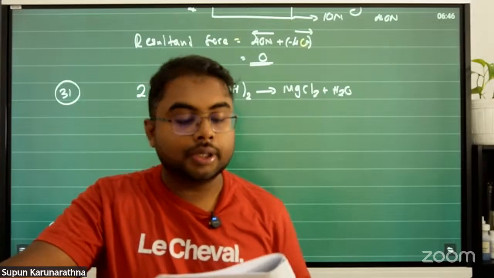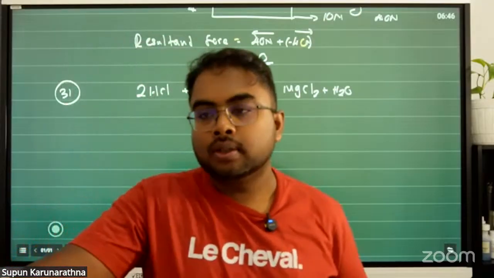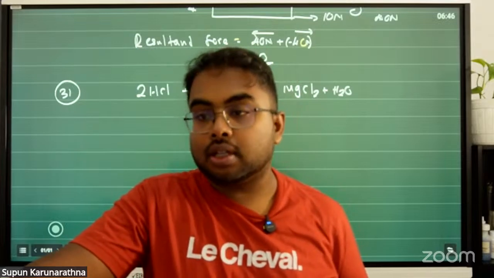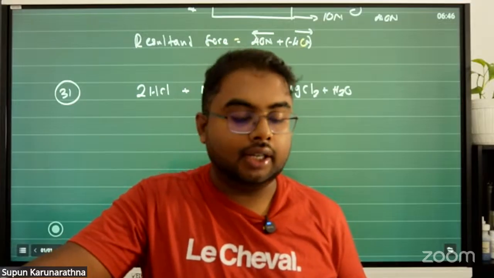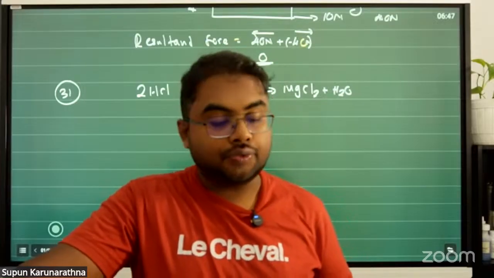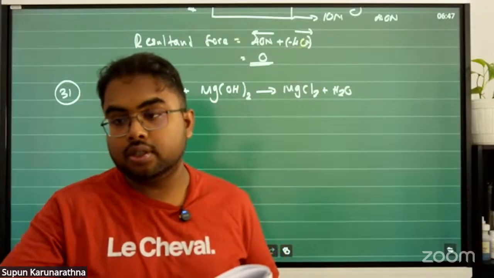Yes, an acid-base reaction is exothermic. The third one, magnesium hydroxide is a strong base. It's a base, but not a strong base. Therefore, the correct answer for that question should be the third one.